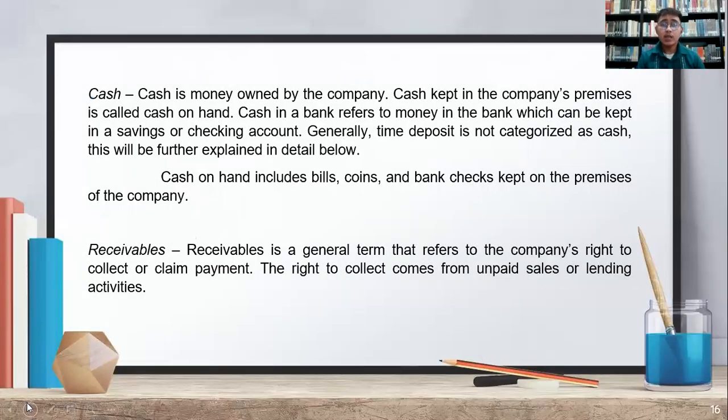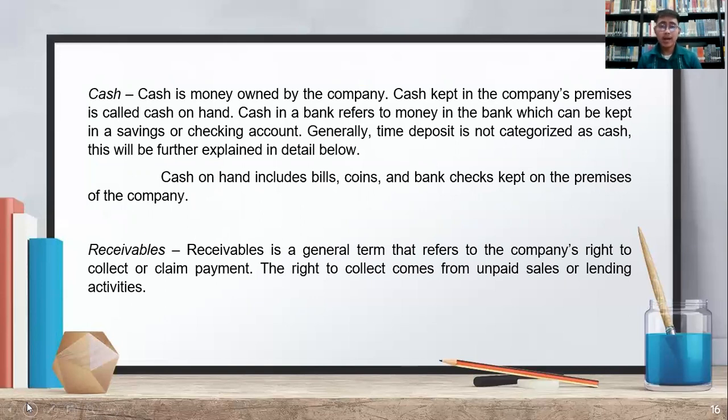When we say cash, cash is money owned by the company. So very simple definition. Okay, ito po yung pera na meron ang isang kumpanya. The cash kept in the company premises is called cash on hand, while the cash in bank refers to the money in the bank which can be kept in a savings or checking account.